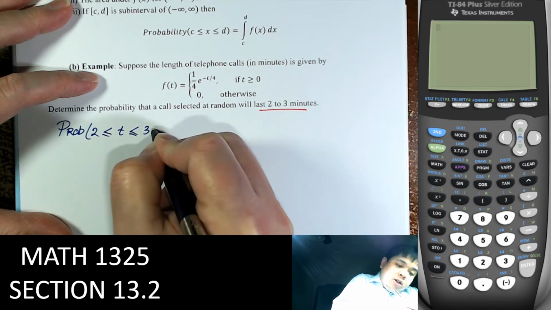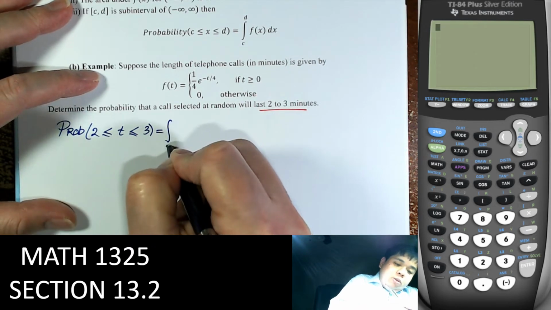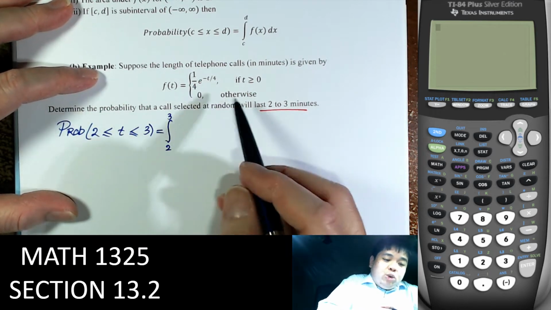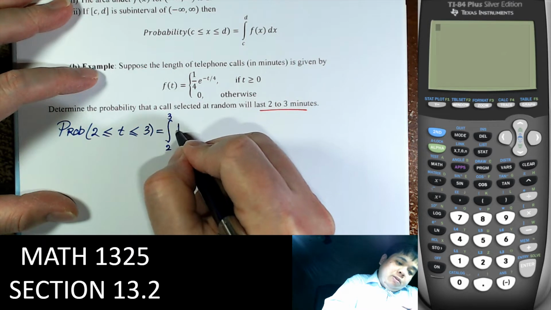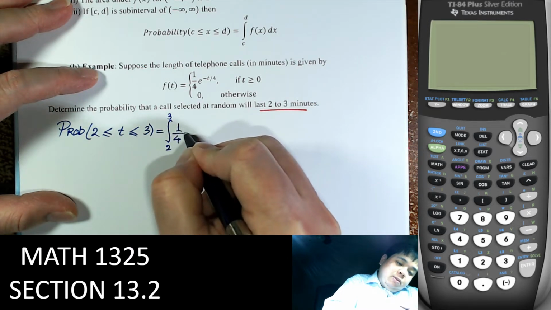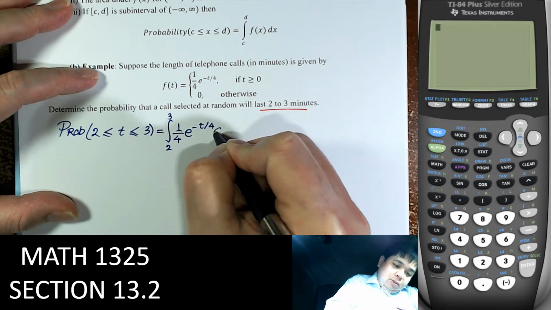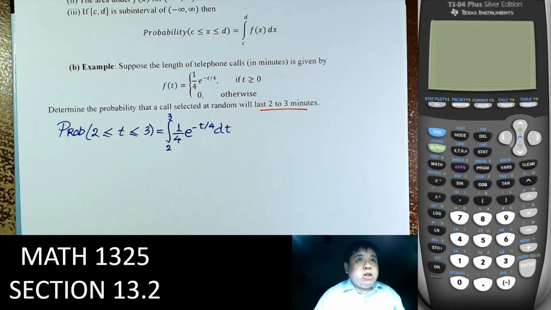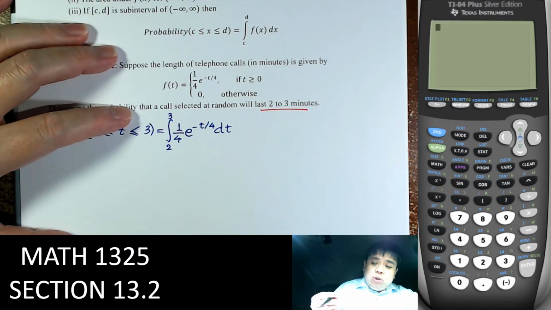So it will be the integral from 2 to 3 of the function. Of course, from 2 to 3, we're going to use this function because t is greater than 0. Right, so we just need to evaluate this. For this, I will use substitution.